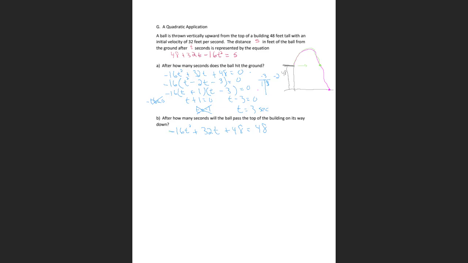So we need to set this quadratic equation equal to 0. I need to lose a 48 here as long as I lose a 48 over here to set it equal to 0. The 48 and the negative 48 will zero out.